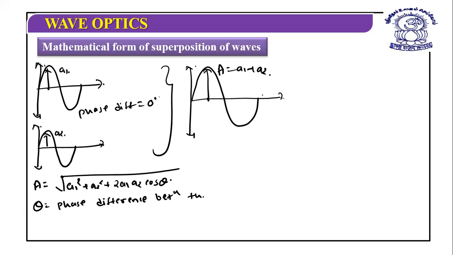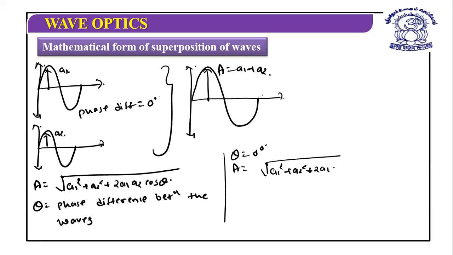In this situation, theta is 0 degrees. So A will be under root A1 square plus A2 square plus 2 A1 A2 cos 0, which is 1. So A will be equal to A1 plus A2. This is how we have got the relation.